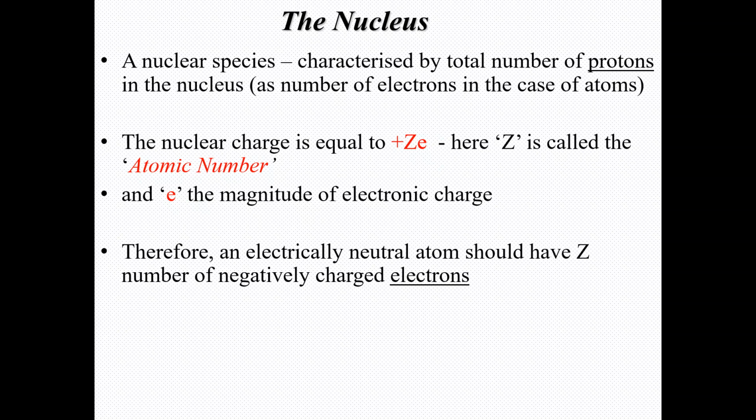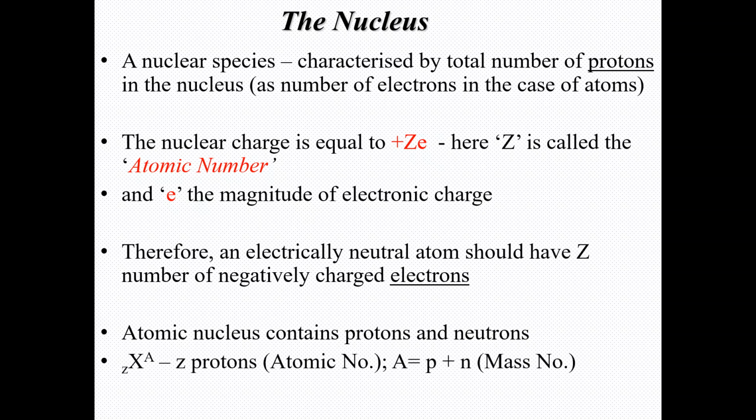That's why we say that an atom is electrically neutral with respect to charge. The atomic nucleus contains protons and neutrons, and a particular nucleus is represented with the symbol capital X with a subscript Z and a superscript A. Here X represents the nucleus, Z refers to the number of protons, which is also the atomic number, and A is equal to protons plus neutrons, and it stands for the mass number of an element or an atom.